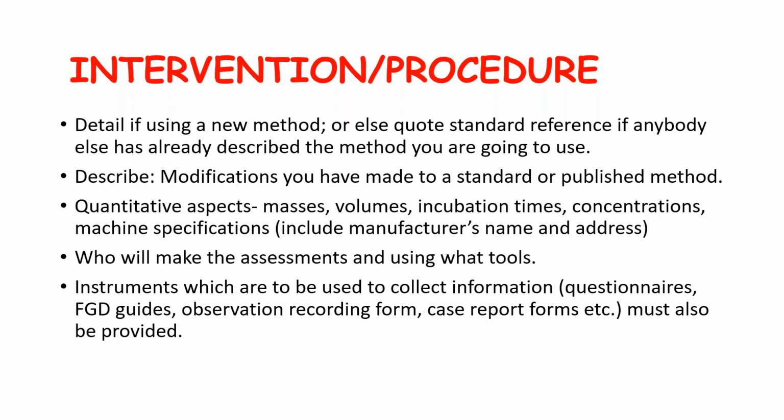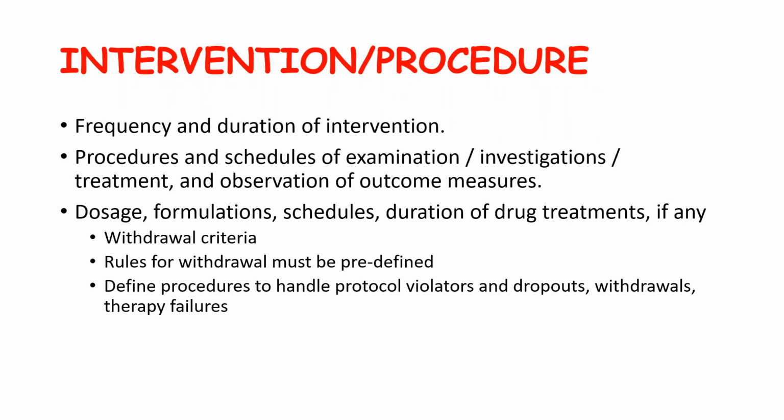So that thing also has to be clarified. Then any forms you are using, like a questionnaire or a case report form, that also you have to include in your material and method. You have to attach that either as an annexure or in the material and method section itself.